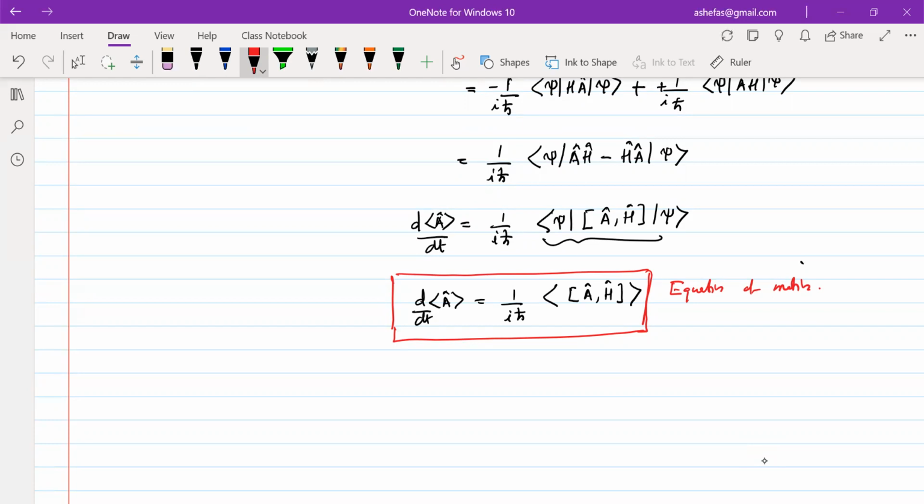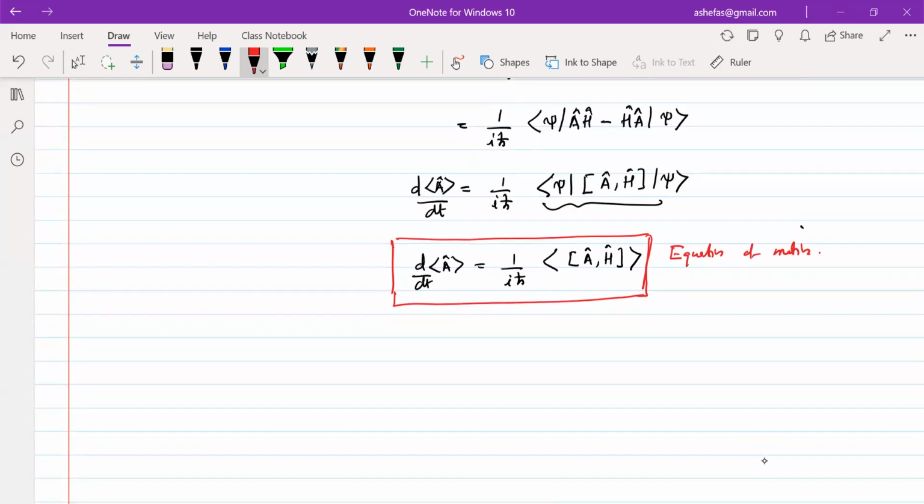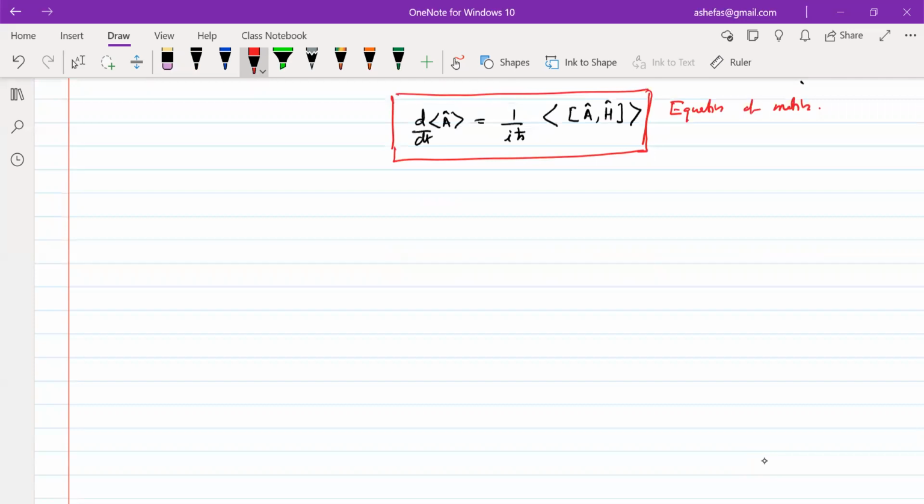Now it is very easy to show that if any operator commutes with the Hamiltonian, then its time derivative would be 0. So if the commutator [A, H] equals 0, then d/dt of the expectation value would be 0.